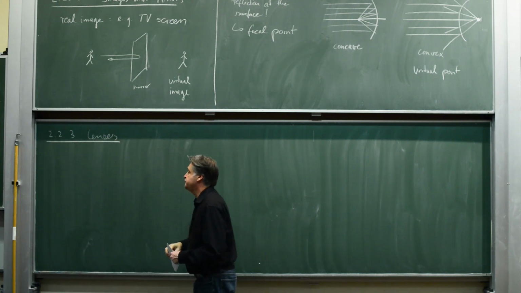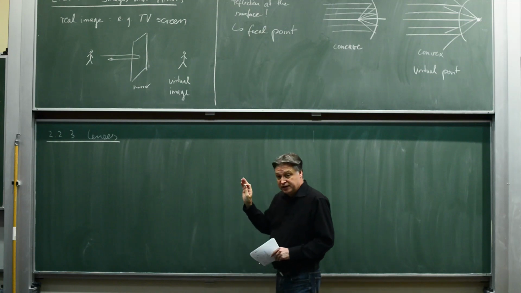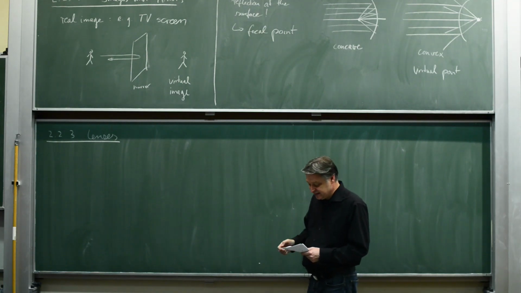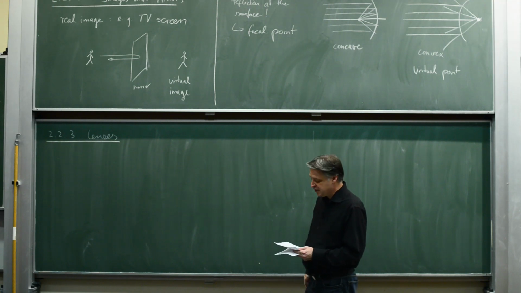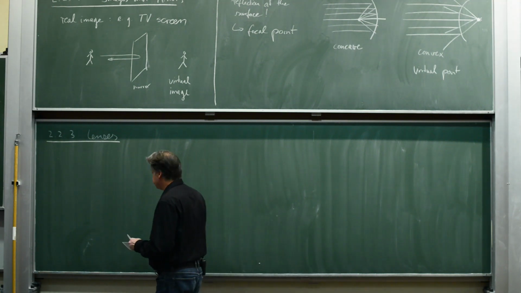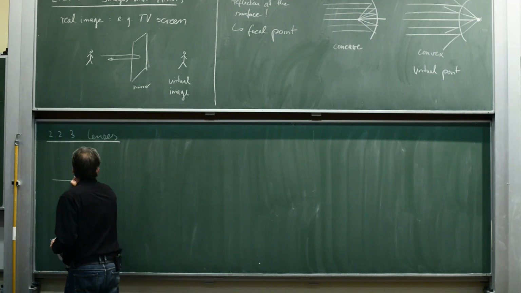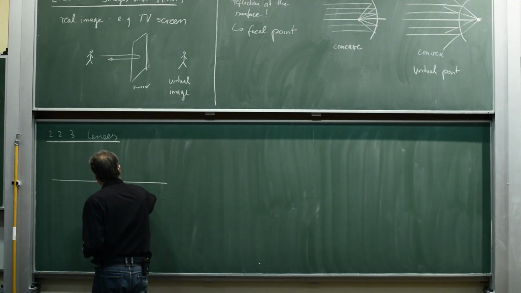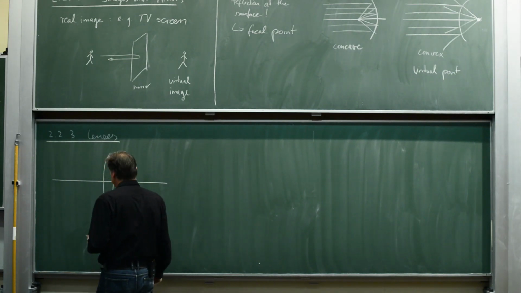And I would like to add here, at the moment we treat a lens just as a thin lens. I will come to that problem in a moment. We are placing a lens into our beam.